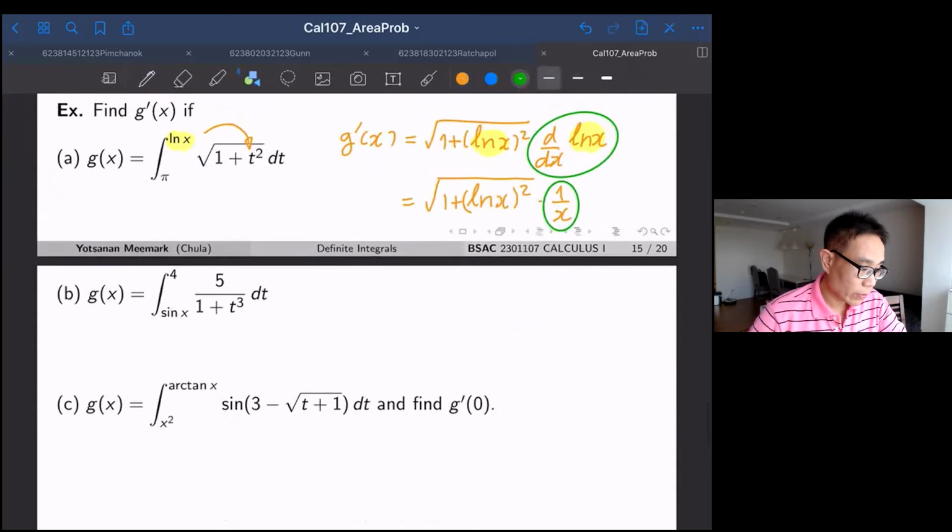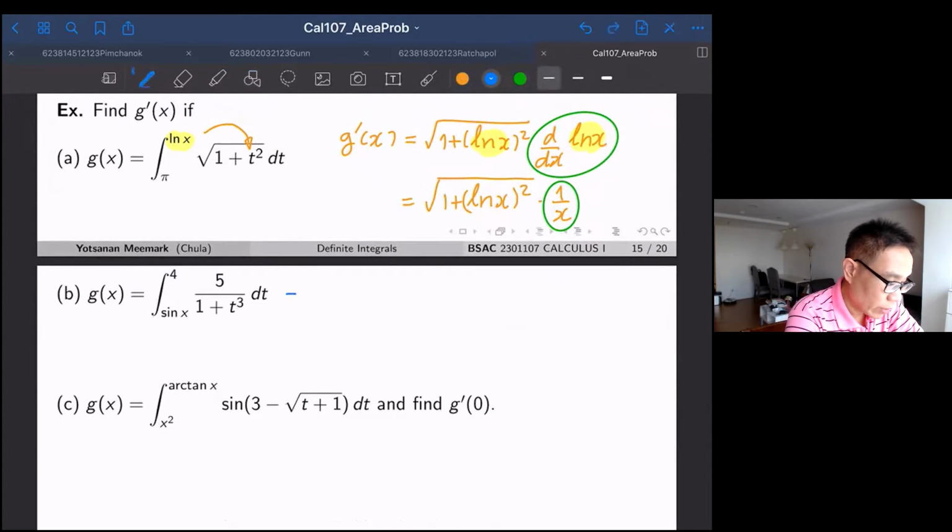The next one, you have g(x) equal to the integral from psi(x) to 4 of 5 over 1 plus t cubed dt. For this one, you must flip the integral a little bit in order to have your x on top.